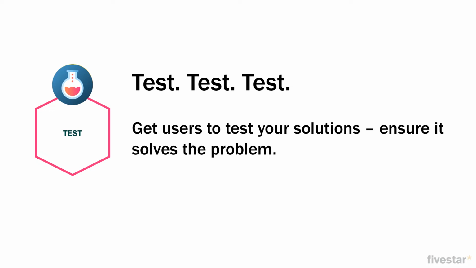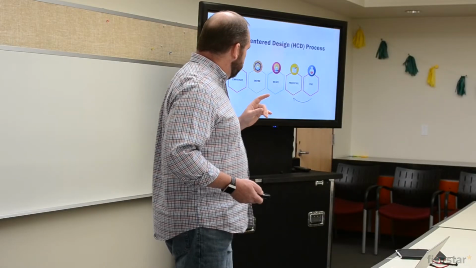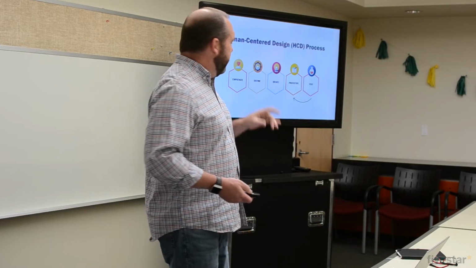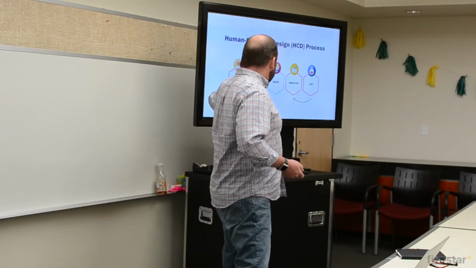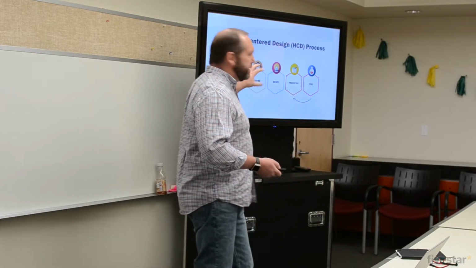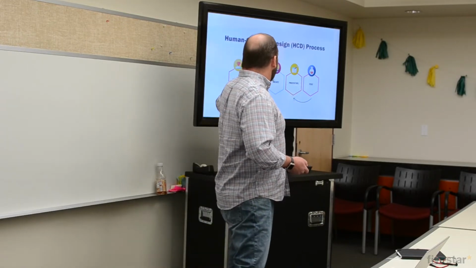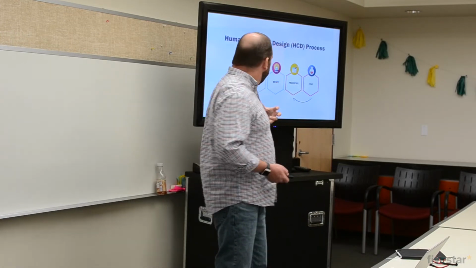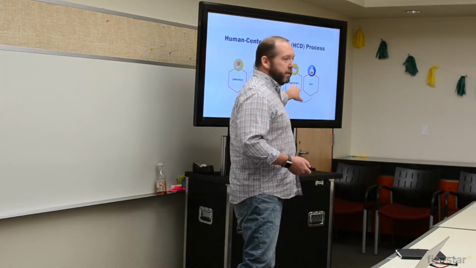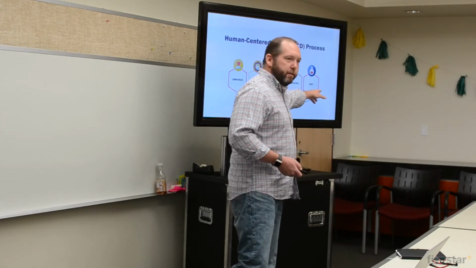One thing that we didn't discuss in our last presentation was the iterative nature of the human-centered design process. Now, because these are really fast work steps that we want to be able to go through, we want to be able to do this quickly, and we prototype things instead of building a solution, because we want to get it in users' hands so that they can test.